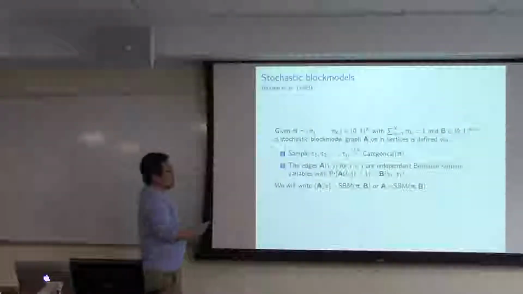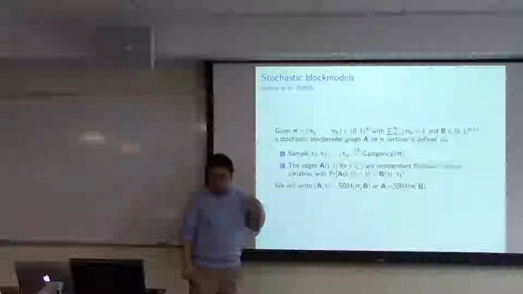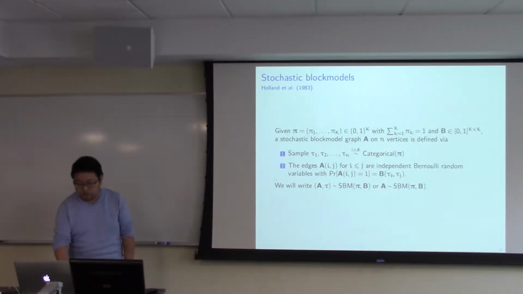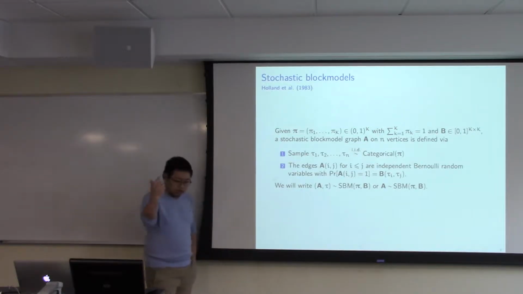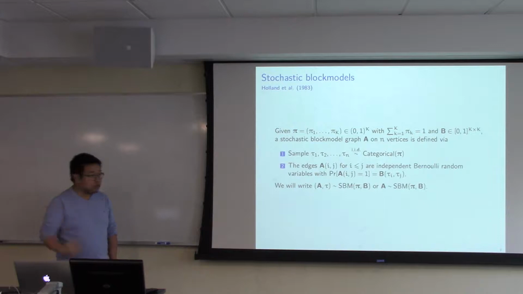To generate a graph of n vertices, I follow the procedure that first, I sample for each vertex its community membership. That's categorical pi. So the probability that the ith vertex is in the kth community is pi_k, and each vertex only has a single community.